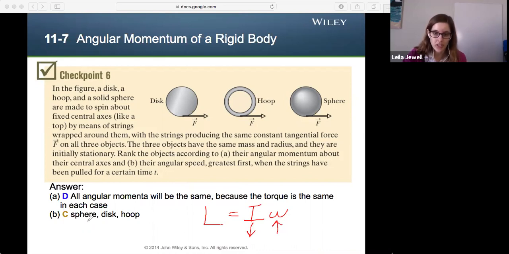So the sphere has the least rotational inertia and the largest speed, versus the hoop, which has the largest rotational inertia and thus the smallest angular velocity, even though all of them have the exact same angular momentum, since they have the same net external torque. So that pulls us through section 11.7.